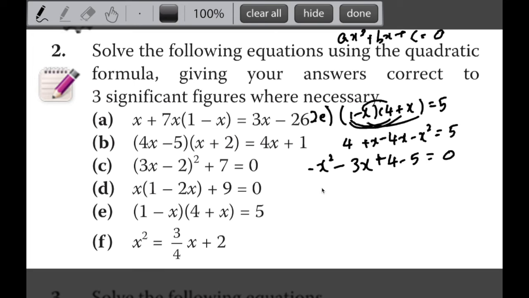I have to ensure that one side is equal to 0. Minus 1 is equal to 0. So a equals negative 1, b equals negative 3, c equals negative 1.